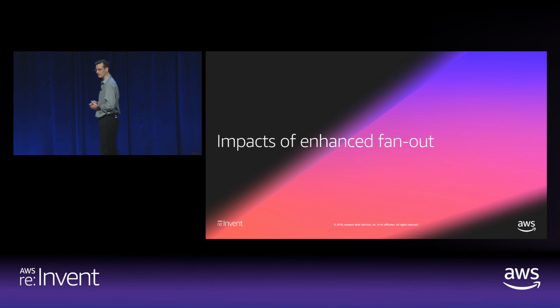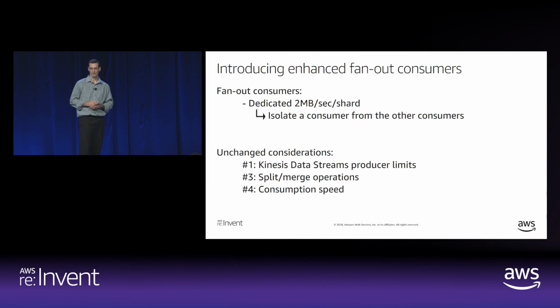So with that, let's see how the new enhanced Fanout consumer changes these pictures. As Alan mentioned and explained, a Fanout consumer has a dedicated 2 megabytes per second per shard. Essentially, that isolates this consumer from the other consumers.